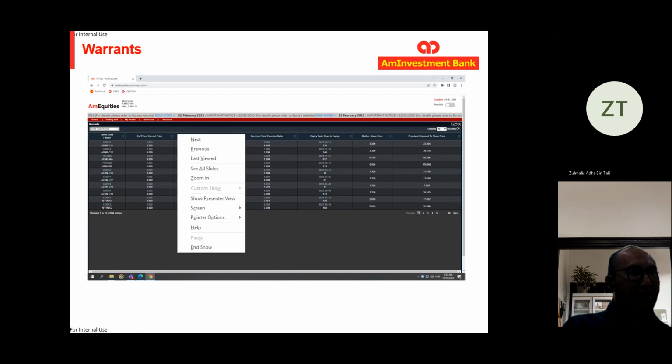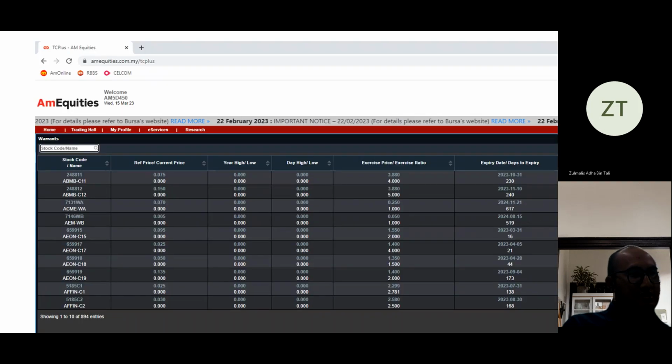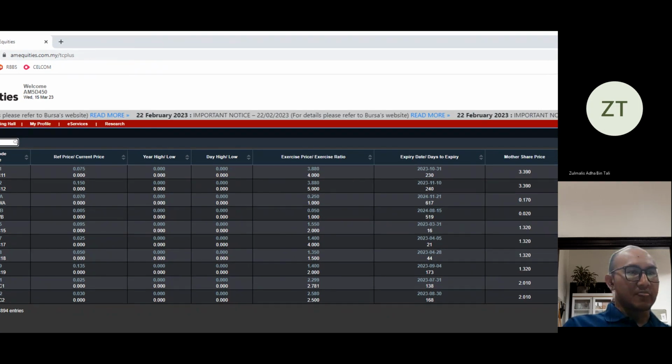Warrants, we do have information available on our website under analysis just now. If you look here, ABMBC 11, reference price means what is the current price right now? 7.5 cents. Year high yellow is not available here, but exercise price is 388, and the ratio is 1/4.